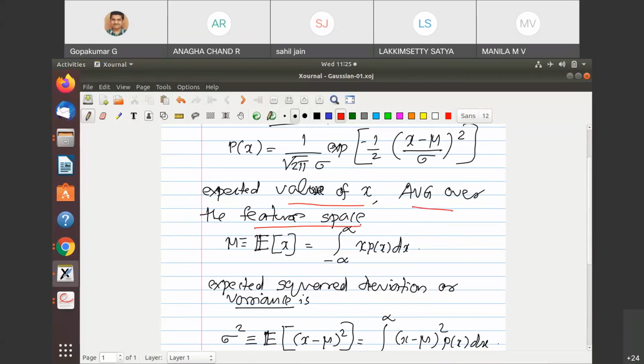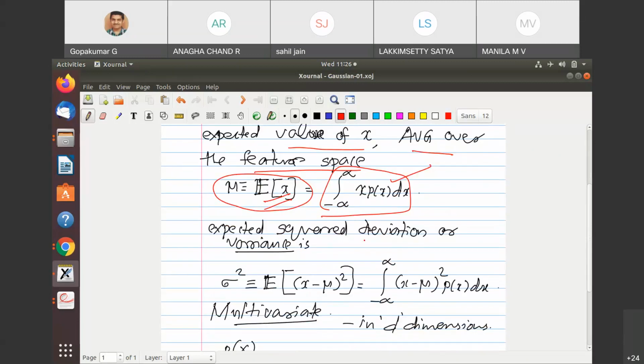We have already seen how we can define the expected value or the average value. The expected value of x is nothing but the integral from minus infinity to plus infinity of x into p of x into dx. That is the way we can define the expected value.